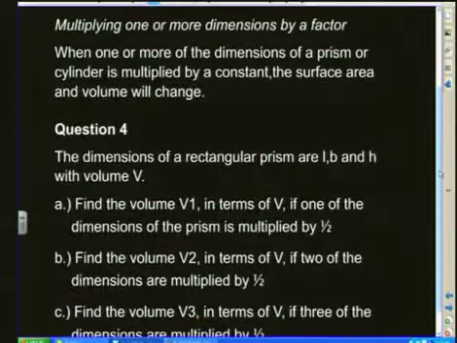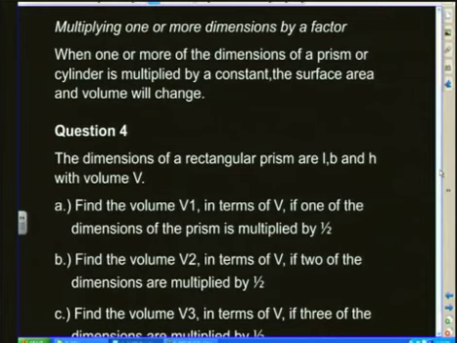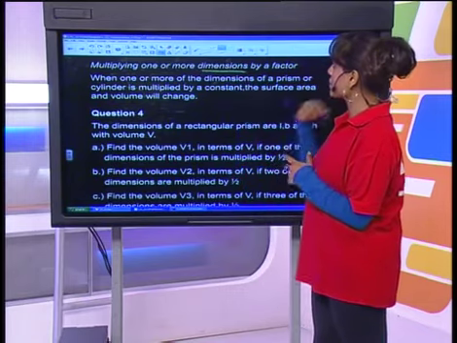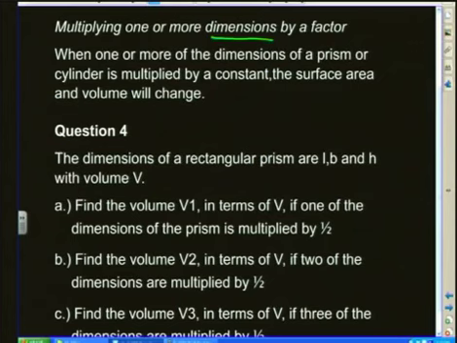Now here, guys, what we're going to look at is what happens when we multiply one or more of the dimensions. Remember, dimension is just another way to say the length or the length of a side. What happens when we multiply one or more dimensions by a factor? What happens to the volume? What happens to the surface area?